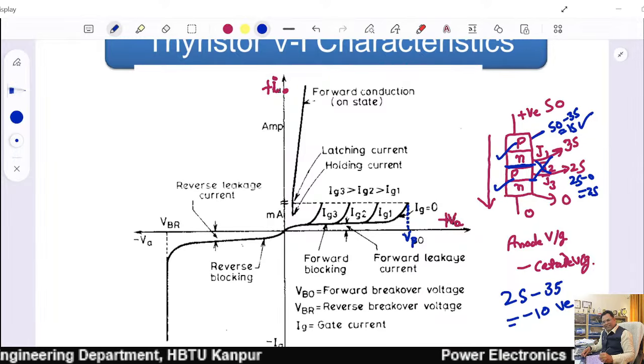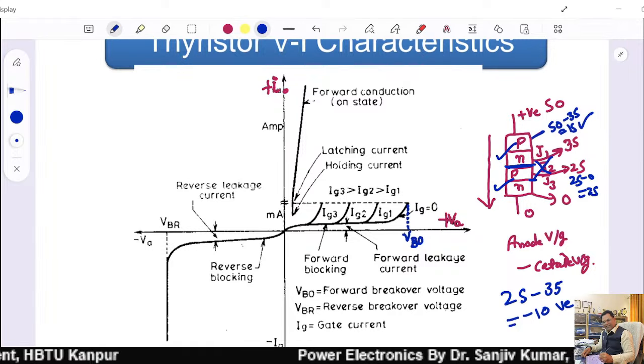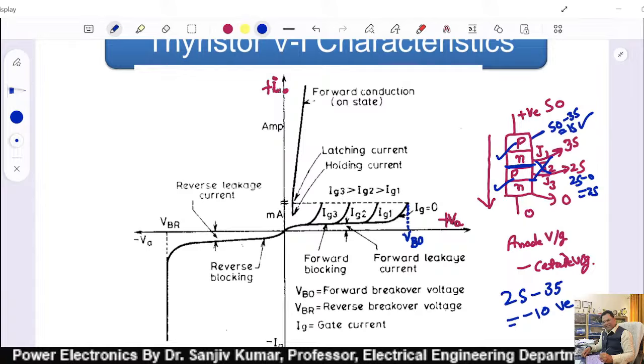VBO is breakover voltage. At this, your junction J2 breaks and current starts flowing. We generally avoid this. We should not reach up to breakover voltage. What we do is control the conduction of thyristor by applying the gate pulse.